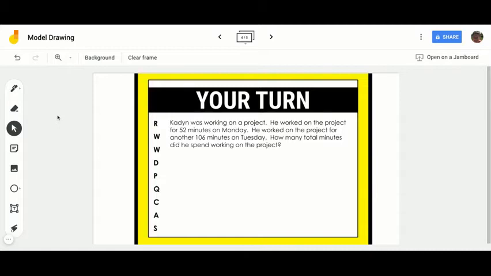All right, we've done our first step, so we can check mark the R. We have read our problem. Right now we're on to the W. Do you remember what the first W stands for? It's who. So who do we have in our problem? We have Caden, so we're going to write Caden's name down. Make sure you're writing it with me. And we can check mark our first W.